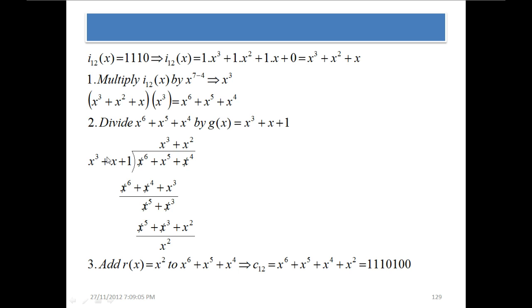Again, the same procedure of division is followed, and the remainder over here is x square. This x square is written along with this term. So the resultant term is x^6 plus x^5 plus x^4 plus x^2, and after converting it into the bit form, it is 110100.